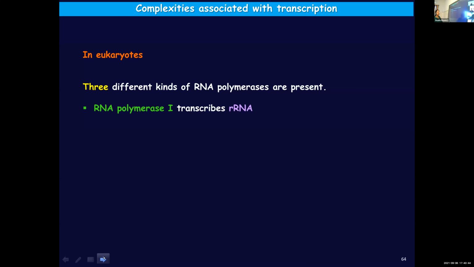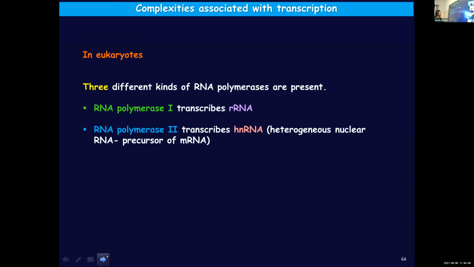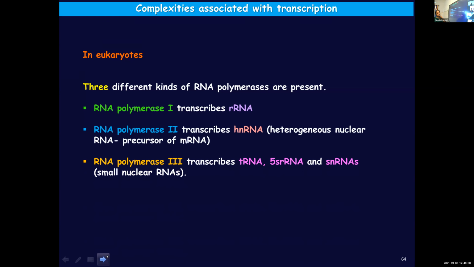Polymerases are present: RNA polymerase 1, RNA polymerase 2, RNA polymerase 3. Whereas in prokaryotes, there is just one single DNA dependent RNA polymerase. But in eukaryotes, in higher organisms, 3 types are there.